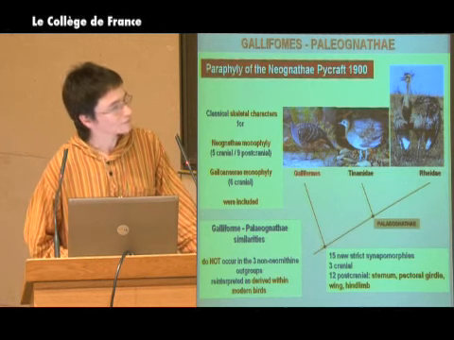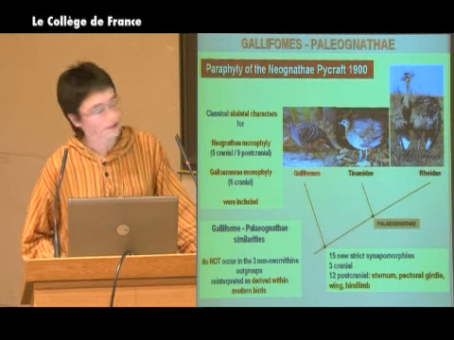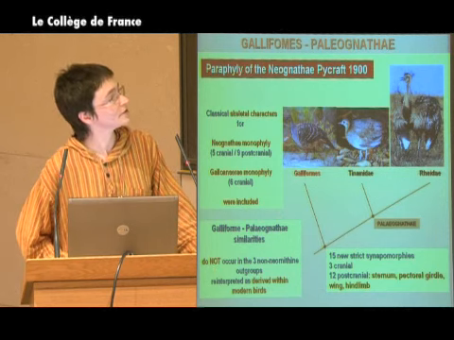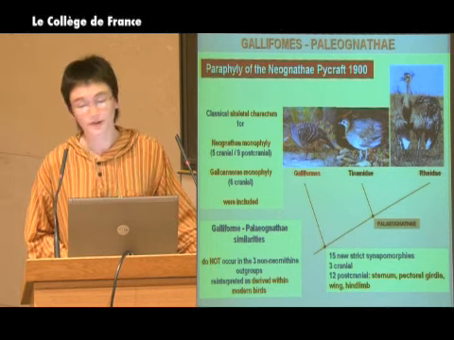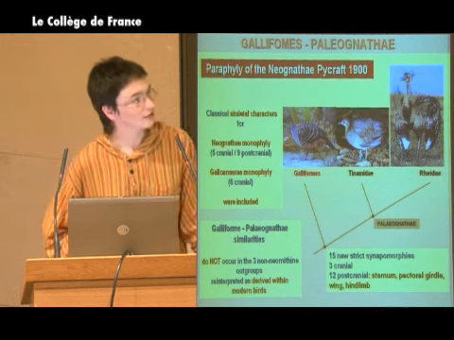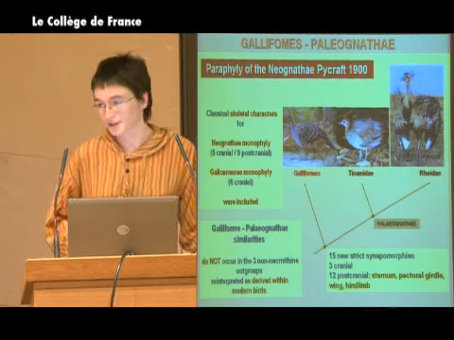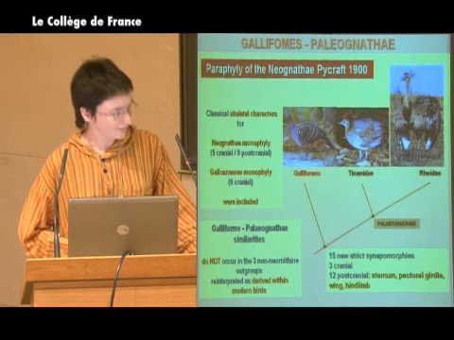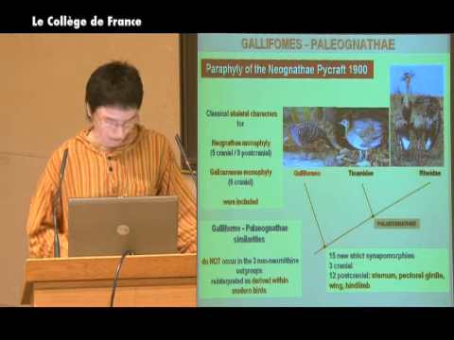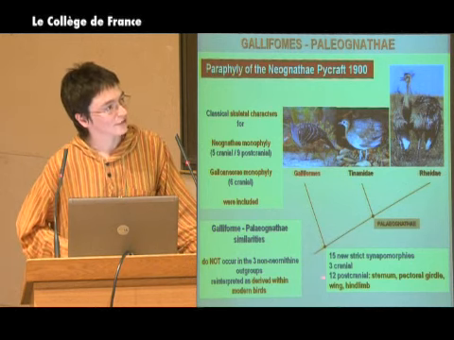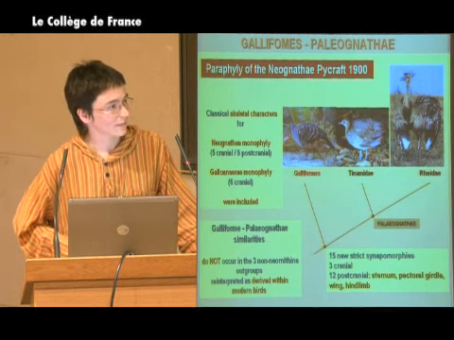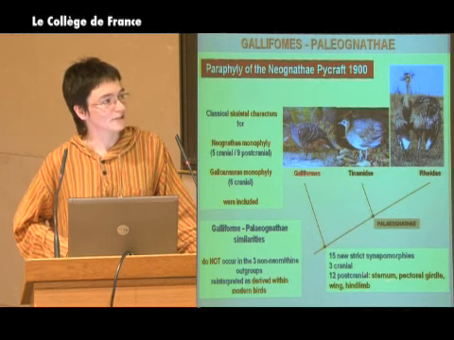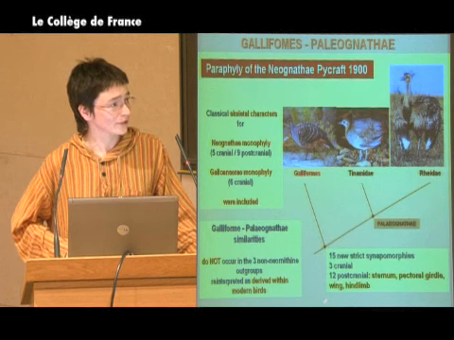And in the context of the present study, the galliform-palaeognath similarities do not occur in the three non-neornithine outgroups included in the analysis, and they are reinterpreted as derived within modern birds. And this clade is based, for the moment, on 5 strict synapomorphies, including cranial features and postcranial, including sternum, pectoral girdle, wing, and hind limb.